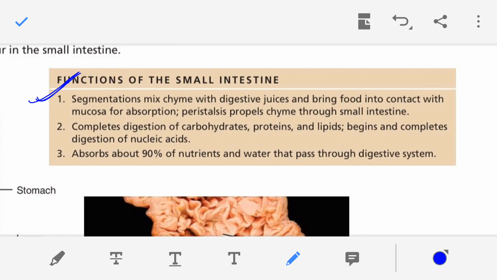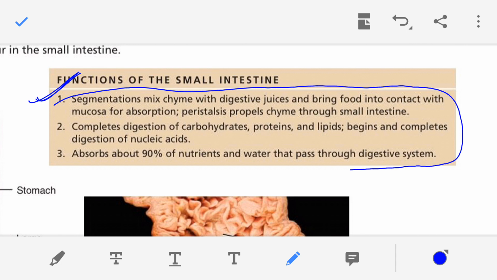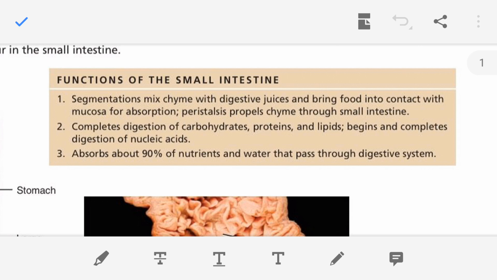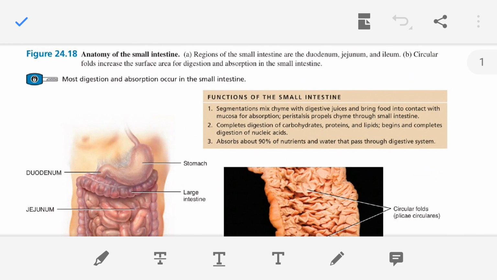Now with the help of this, you will get the idea of the functions of small intestine. But in this presentation lecture, I am not discussing this function of the small intestine because I will deliver a separate lecture for the functions of the small intestine. So here in this lecture, basically we are discussing the anatomy part of the small intestine.